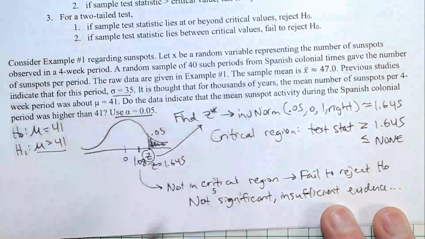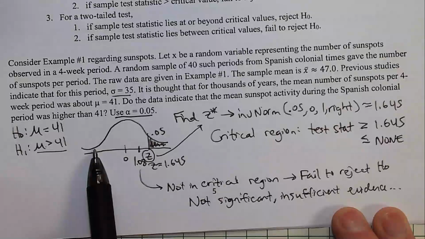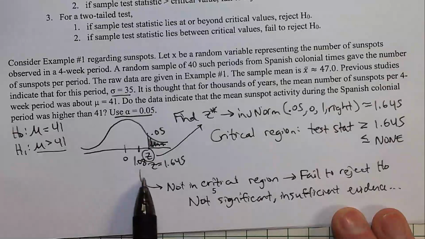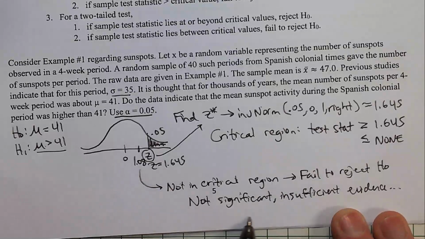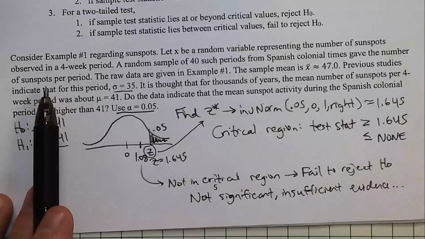So it's greater than or equal to 1.645, less than or equal to none. There's no boundary down there. That's how you establish what the region is. Our test statistic does not dip into that, so we would fail to reject; not significant. The p-value, remember, was greater than alpha, so the decision you make here would be the same as using the p-value. I like the p-value a lot better.